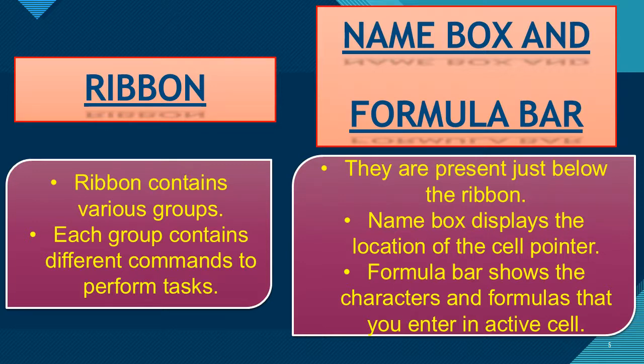Name box displays the location of the cell pointer. I repeat, name box displays the location of the cell pointer, whereas formula bar shows the characters and formulas that you enter in active cell. The characters and the formulas which you are entering in active cell are displayed in the formula bar.